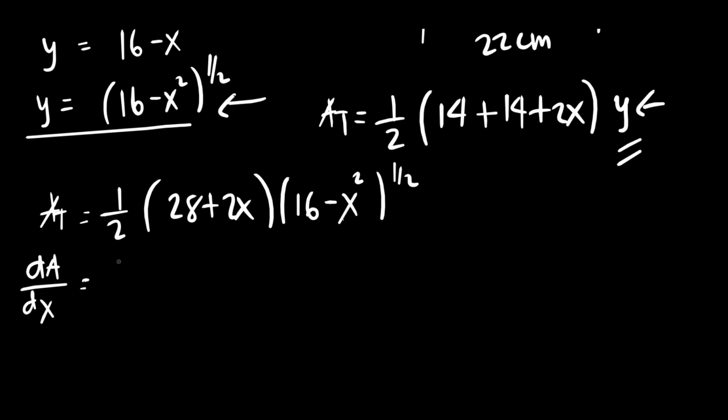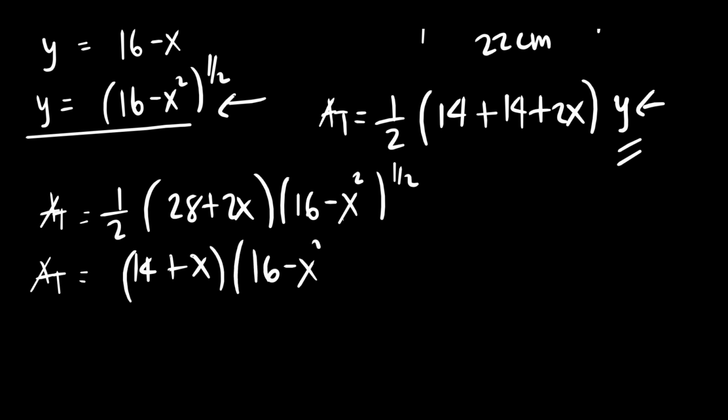So we'll simplify first. The area of the trapezoid is equal to 14 plus x multiplied by 16 minus x squared raised to the power of 1 half.